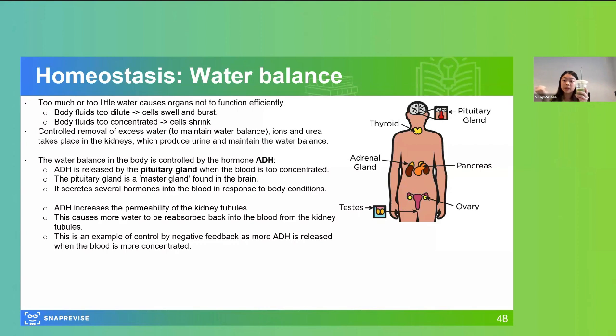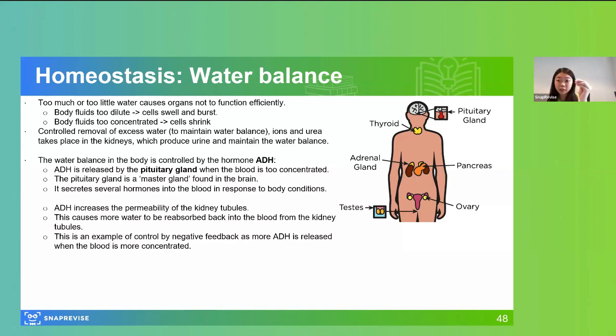If there's more water being absorbed back into the blood, then more water is going to be in your blood, and there's going to be less water when you go to the bathroom, when you pee. The reasoning is that when you're reabsorbing all of this water into your blood, it's all going to be in your blood. It's not going to be left to leave your body. Once it's in your blood, it's in your blood. Unless you're sick, you're not going to be peeing blood out.